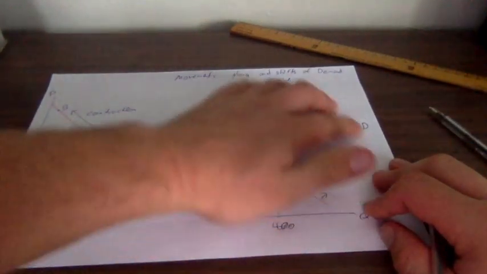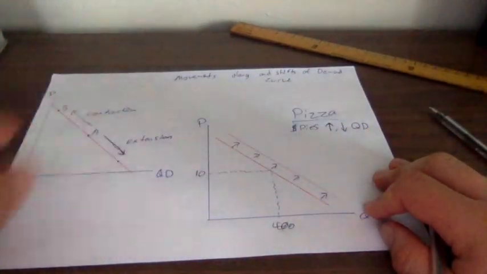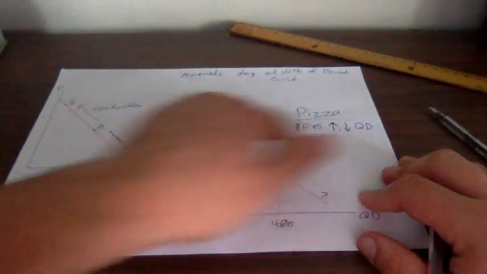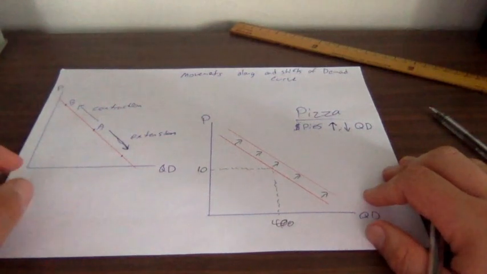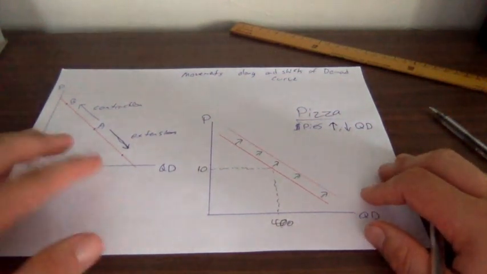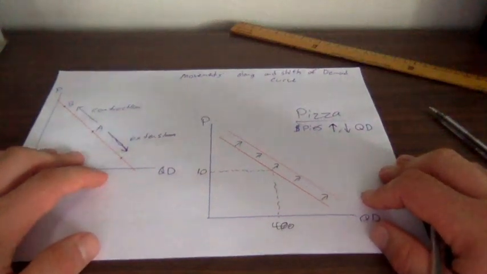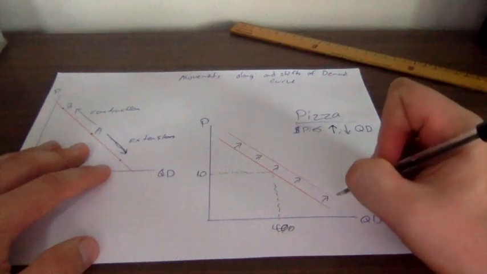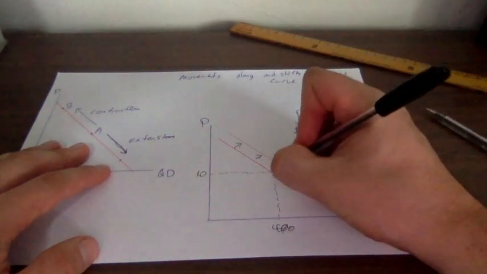Now, because the price of a substitute good, the price of pies, has increased, people are like, I'd prefer to get something a bit bigger or something better, or maybe it's just too expensive, I don't value it. So our demand curve has actually shifted outwards.